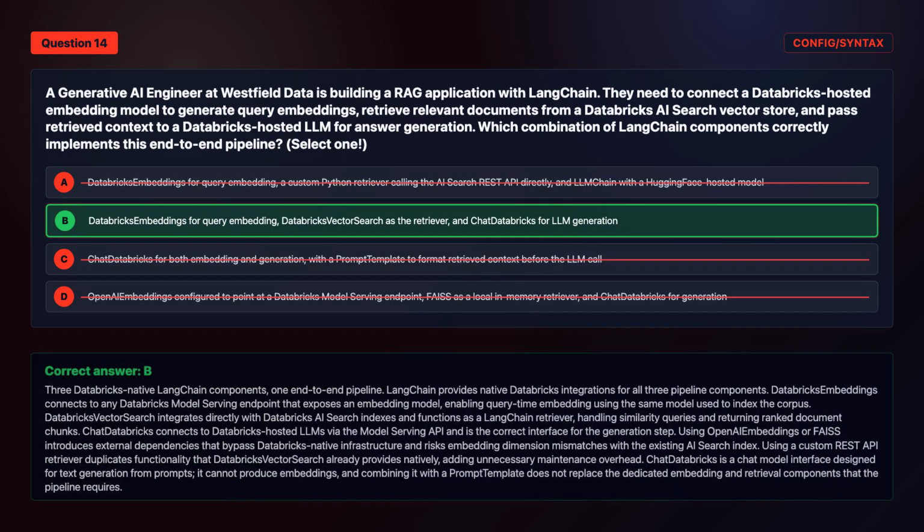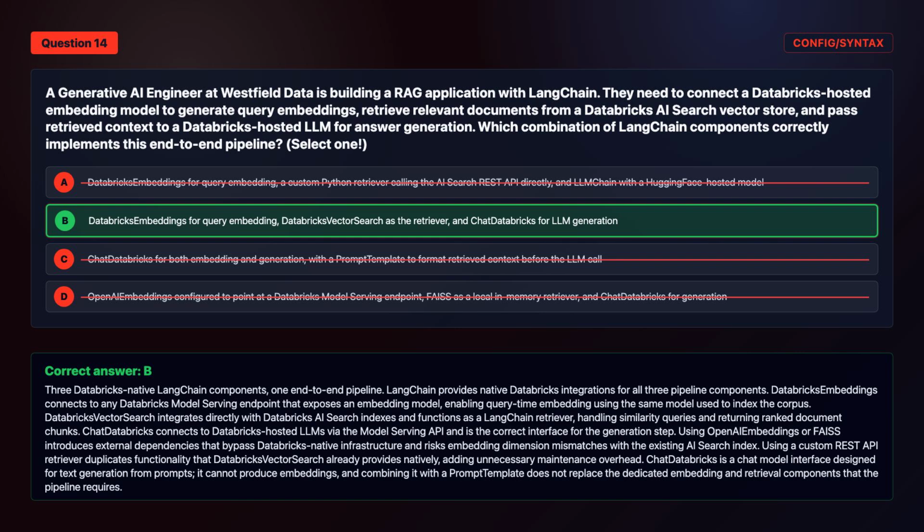The correct answer is option B. 3 Databricks native LangChain components, 1 end-to-end pipeline. LangChain provides native Databricks integrations for all 3 pipeline components. Databricks embeddings connects to any Databricks Model Serving endpoint that exposes an embedding model, enabling query time embedding using the same model used to index the corpus.